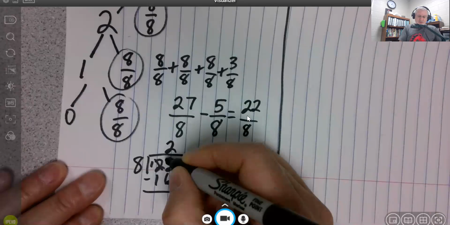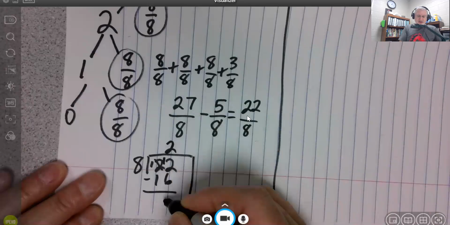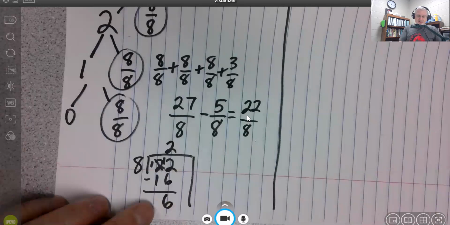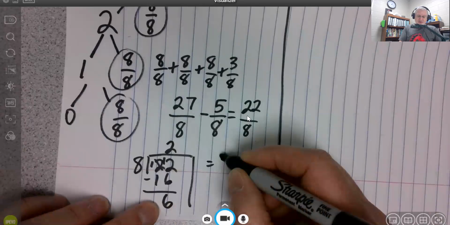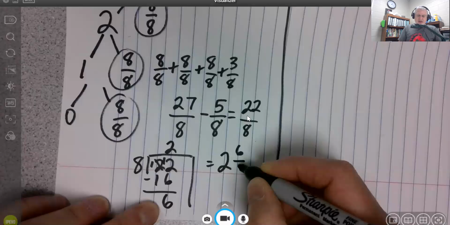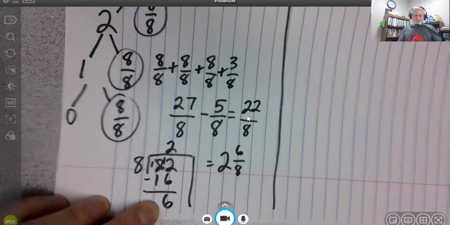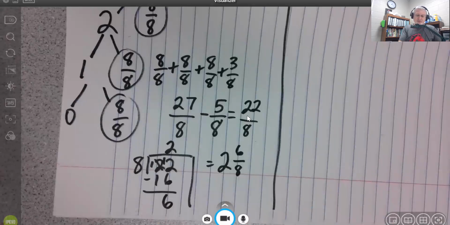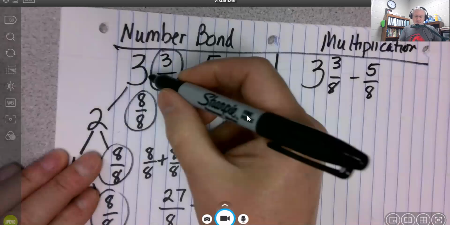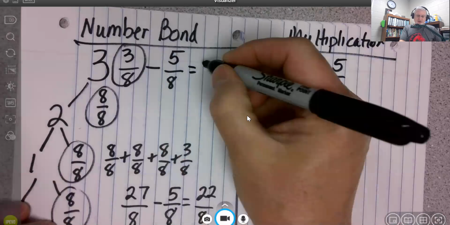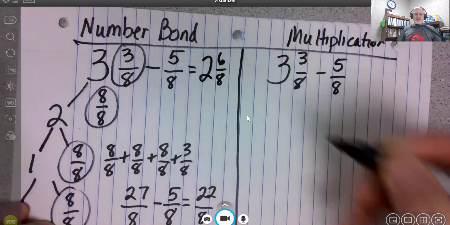And I can regroup 12 minus 6 is 6. So I have 6 left over. So then my answer turns into 2 wholes and then 6/8. So back to my original problem, 3 and 3/8 minus 5/8 equals 2 and 6/8.